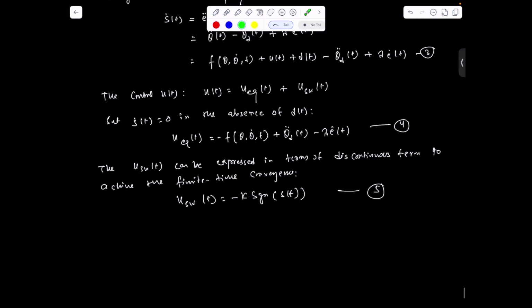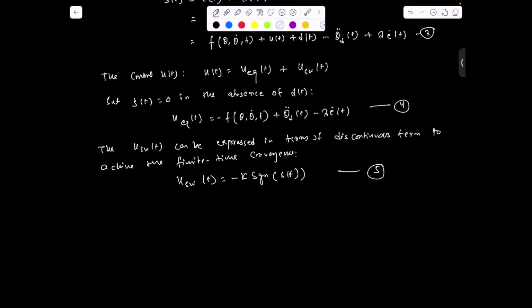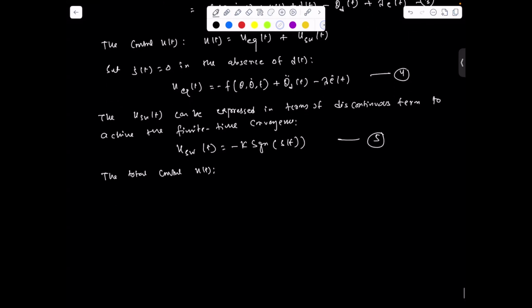So now the total control U of T we can define as U of T equal to U equivalent of T plus U switching control.